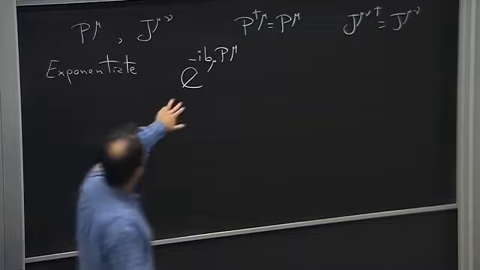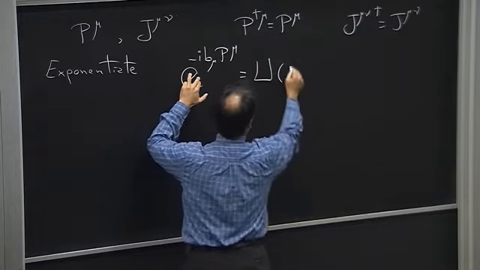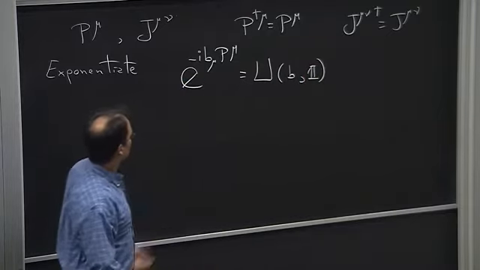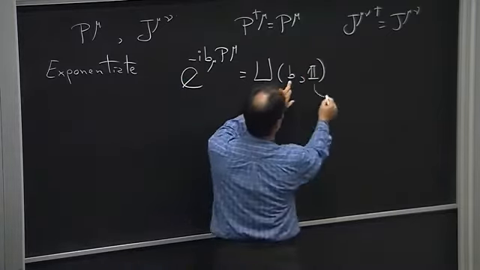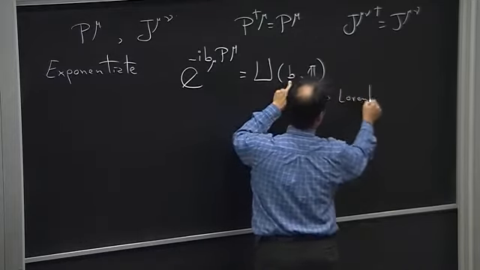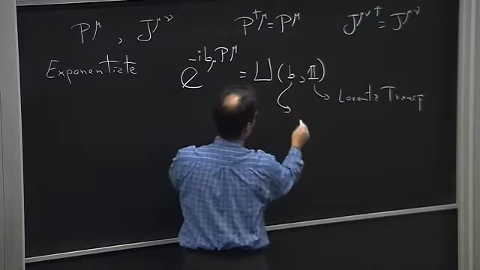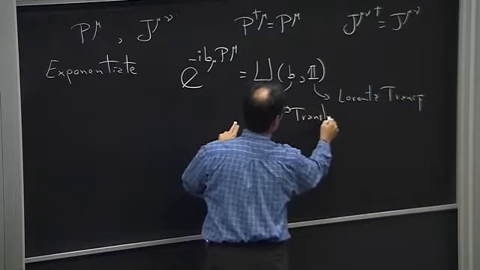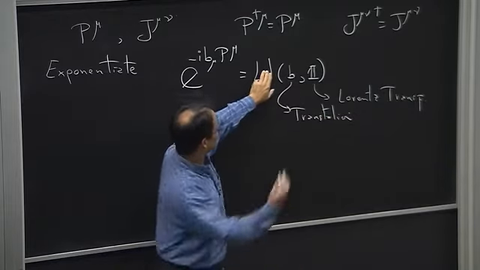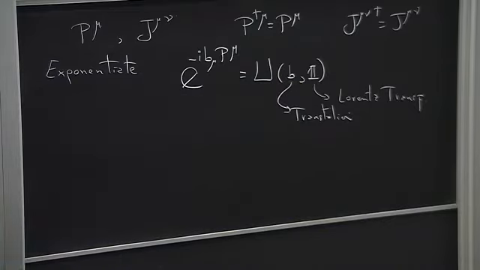Well, this is the translation operator. If I think here of a trivial Lorentz transformation, and here of a translation, this is a unitary operator acting on our Hilbert space, which implements translations in space-time.